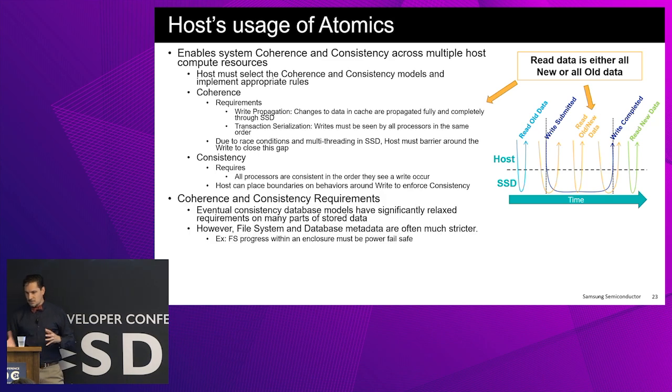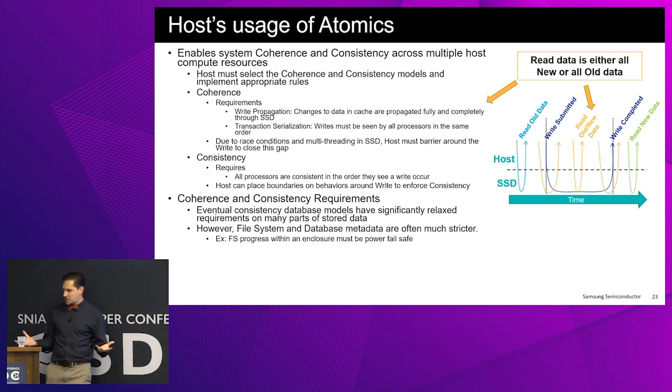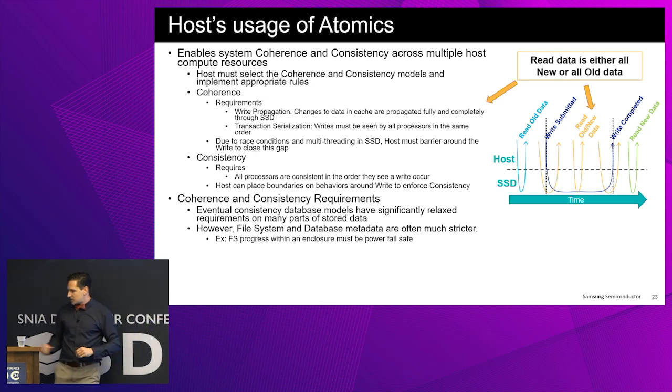And so the big takeaway is that with the NVMe atomics rules, you can build up your preferred coherence or consistency requirements based on what model you want, right? There are too many flavors of coherence and consistency, and a drive is able to be a component if a host sets up their expectations based on the right submissions and the right completions and their synchronizations.